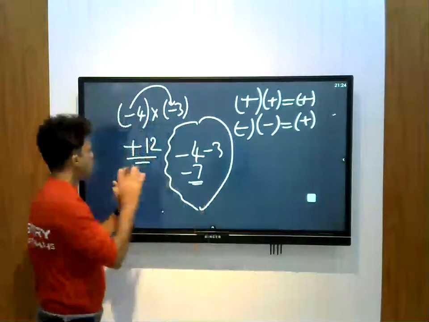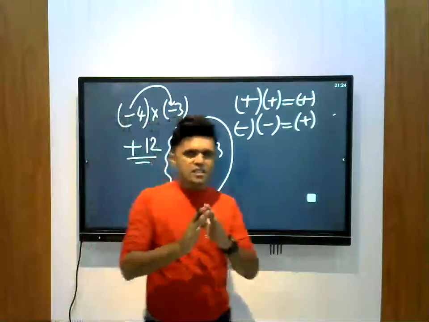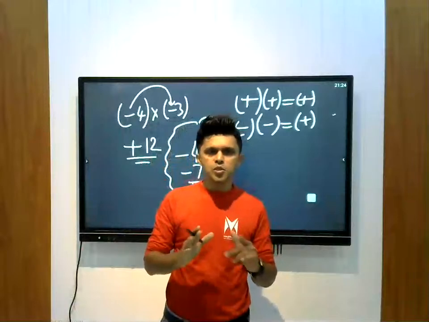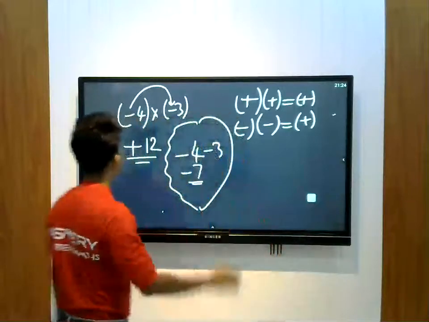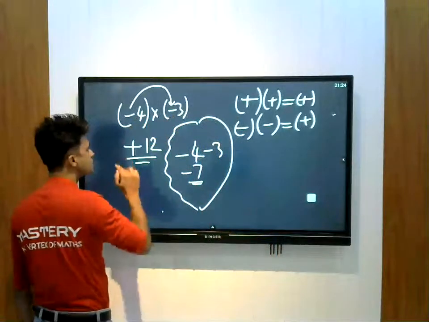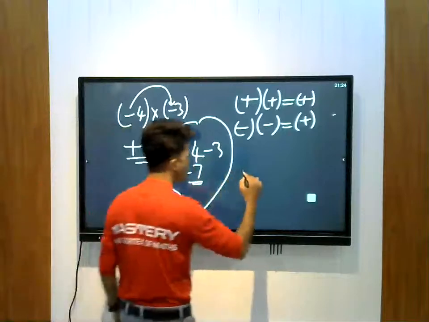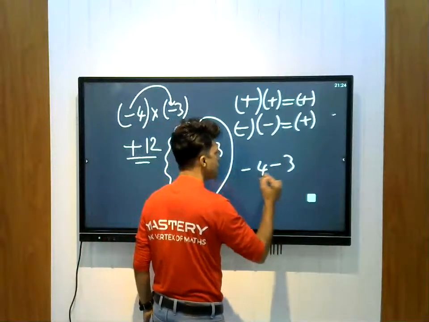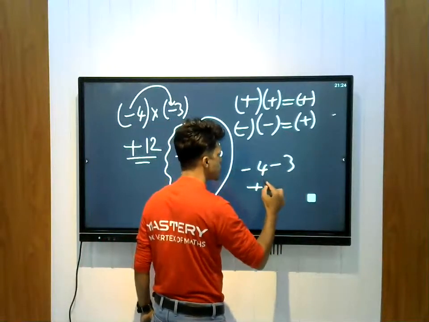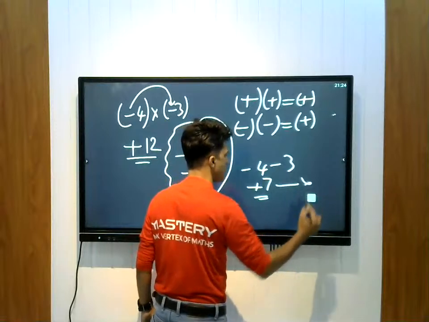Here, you need to realize the difference between these two terms. Here you can't write minus minus plus, 4 plus 3 is 7. This is wrong.